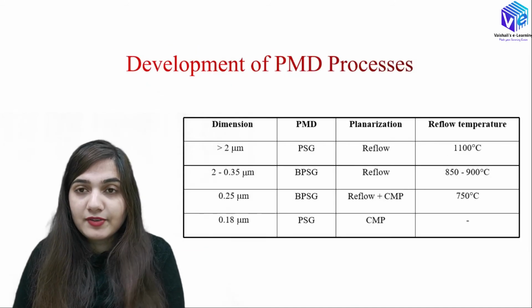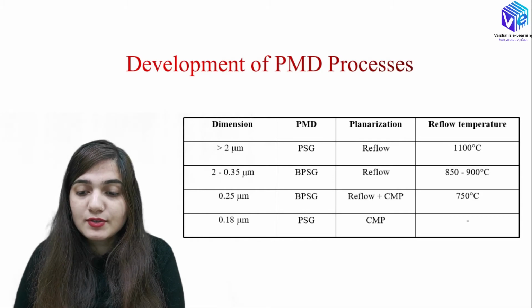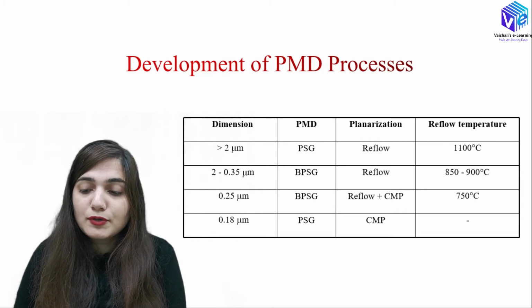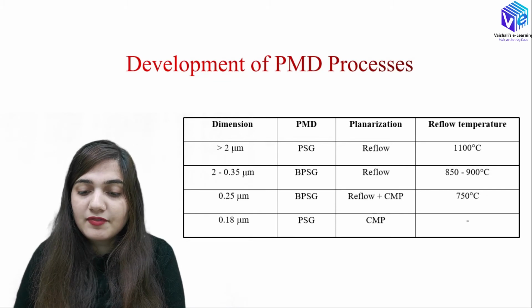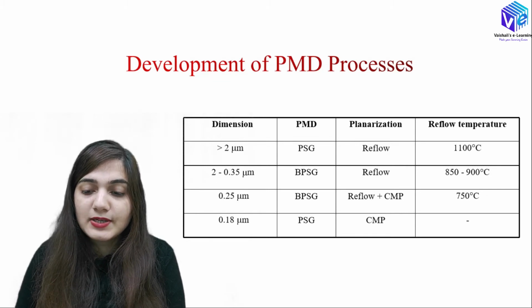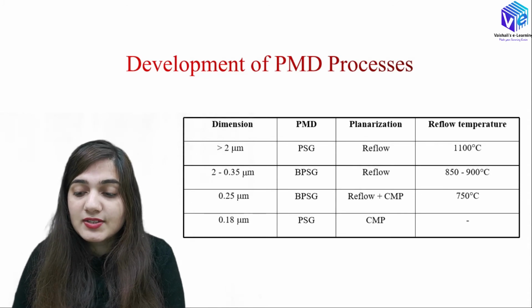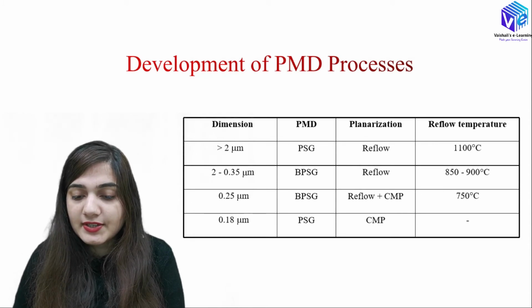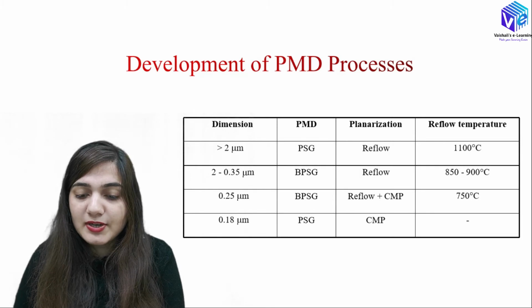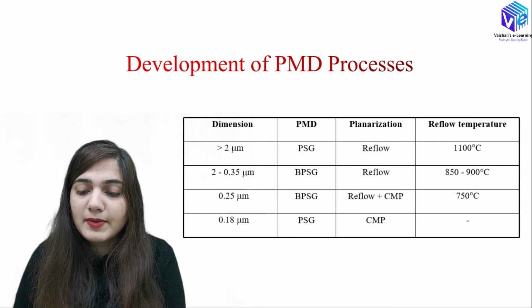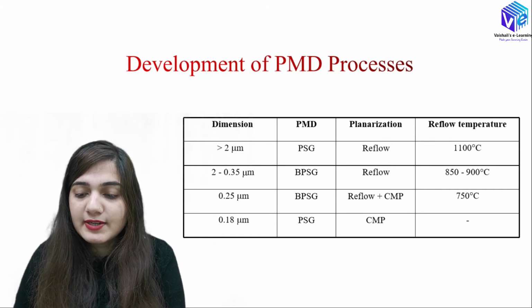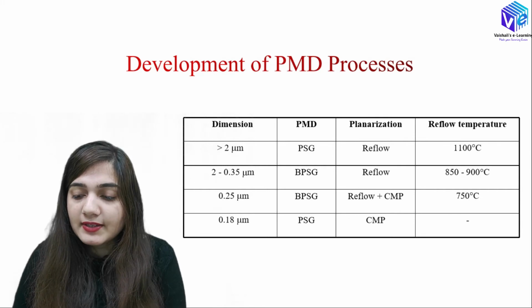Now coming to the development of the PMD processes. If I want to do planarization and the dimension is greater than 2 micrometer, I am going to use phosphosilicate glass, and the planarization is done with the help of reflow at 1100 degrees Celsius. For the dimension 2 to 0.35 micrometer, I make the PMD of borophosphosilicate glass, and I use the reflow process for planarization at 850 to 900 degrees Celsius.